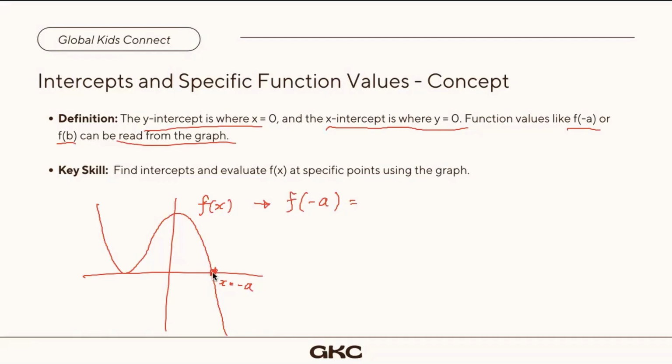Here we chose the intercept, or a root, and therefore the y value will be 0. So this shows that we can write it in this form, with f and parentheses, to give the y values of certain points.